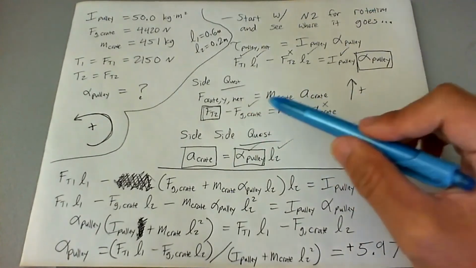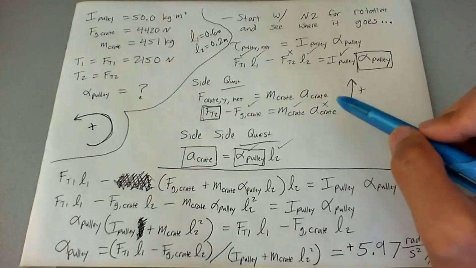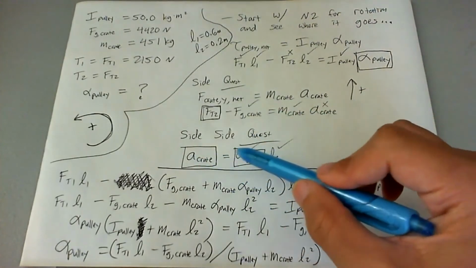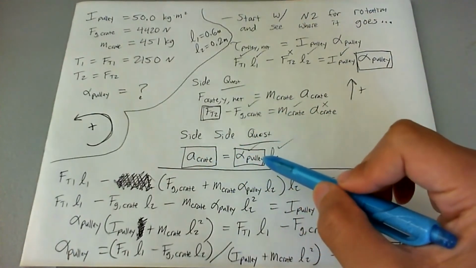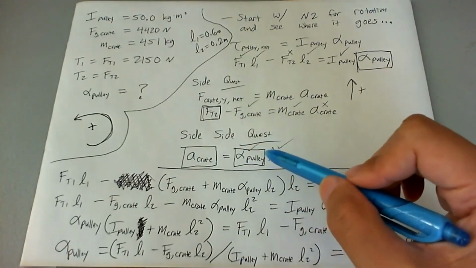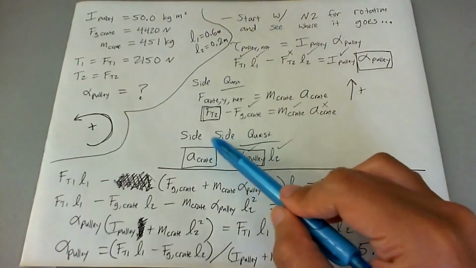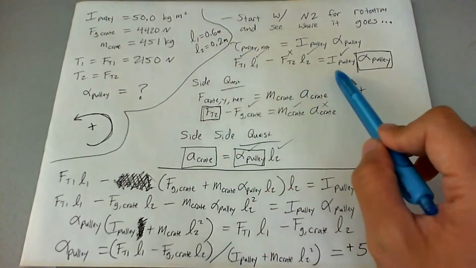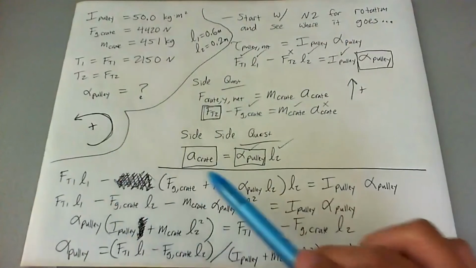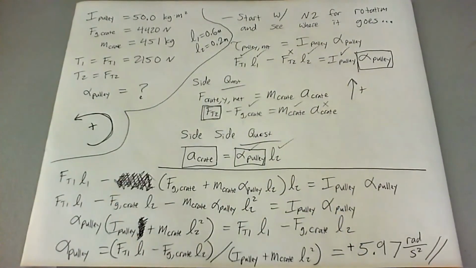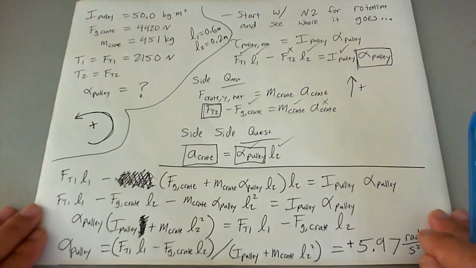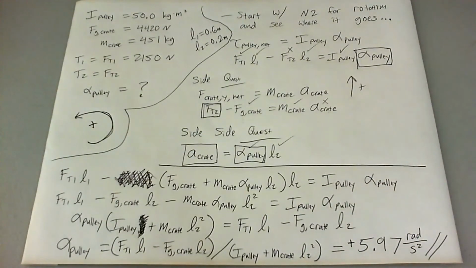Figured out that we did not have the acceleration of the crate, but we can easily fix that by equating acceleration to the rotational acceleration of the pulley that's pulling up on the crate. And we went ahead and plugged everything in to the original equation, and we solved out for alpha pulley. It's a very complicated process, so I'm going to just let you look at this for a little bit.